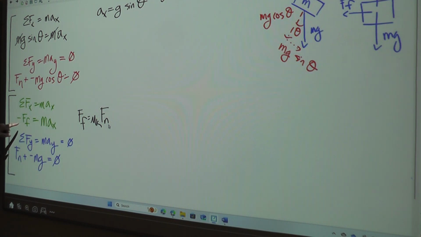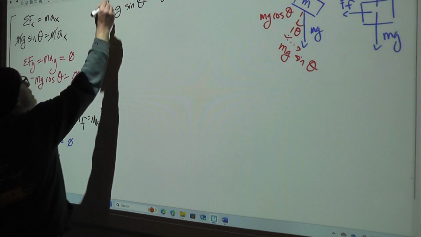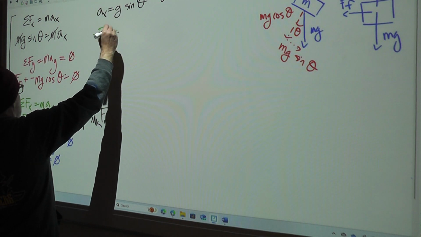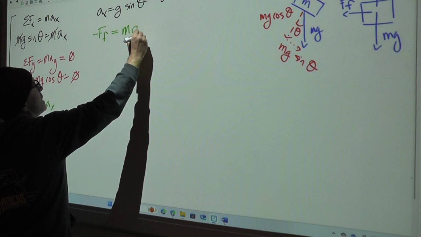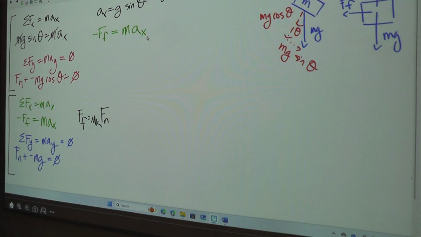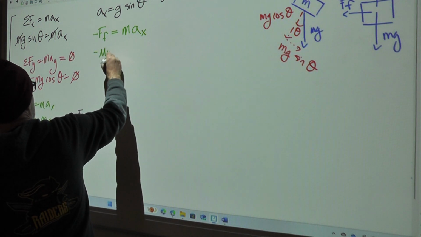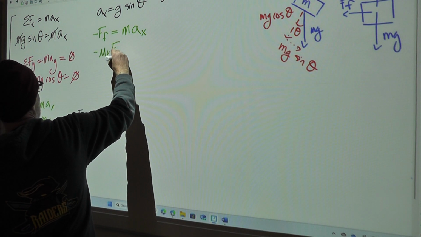Because we know for this green equation, the force of friction is going to be equal to mass times Josh's acceleration in that x dimension on the horizontal. The force of friction is going to be negative mu k times the normal force.